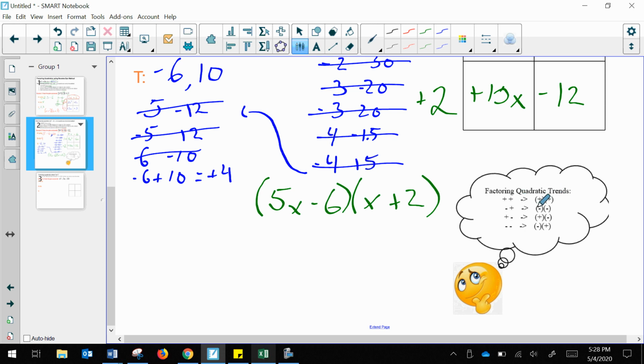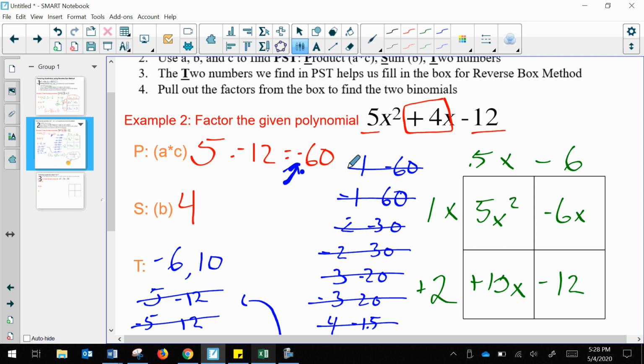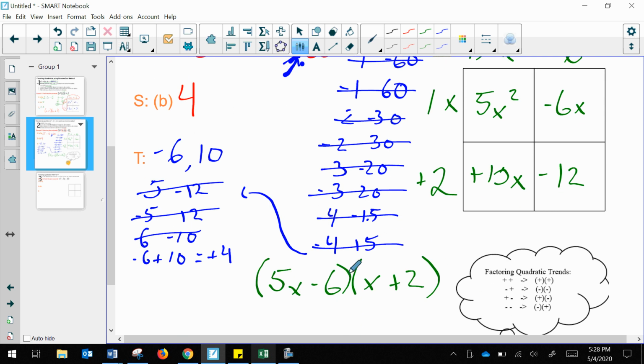Minus and a plus is going to give me a minus and a minus in my binomials. Plus and a minus, I'm going to have a plus and a minus. Minus and a minus, I'm going to have a minus and a plus. Make sure you're keeping that in mind when factoring polynomials. As long as you're keeping your signs straight, you shouldn't have to worry too much about quadratic trinomials.